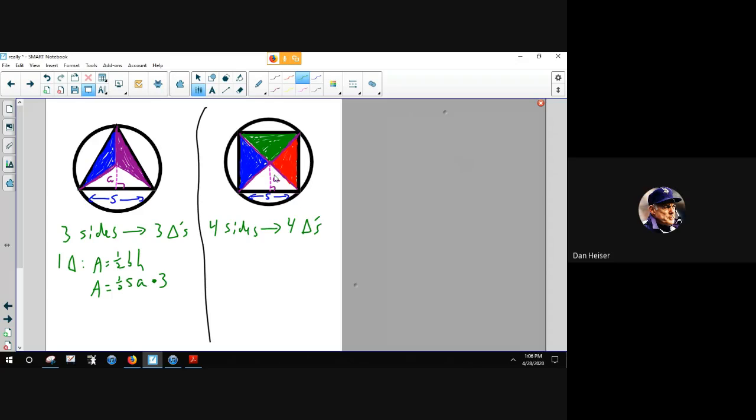And then by drawing in the apothem, I have the height of this one triangle. There's the length S again, only it's not the same S as we had over here. It's a different S. We know, again, one triangle is 1/2 base S times height A multiplied by 4.